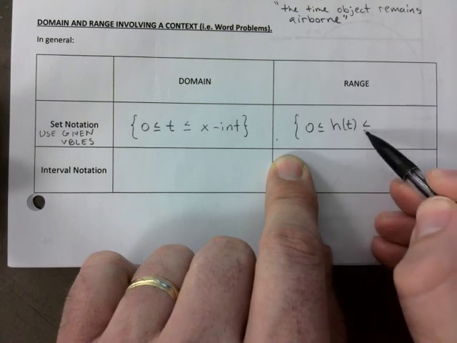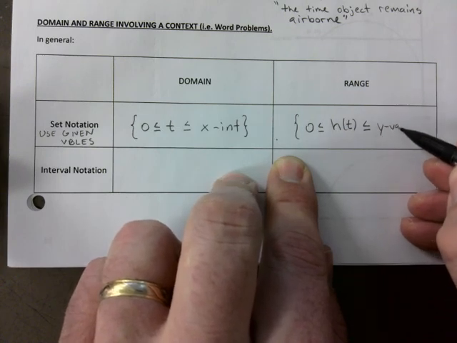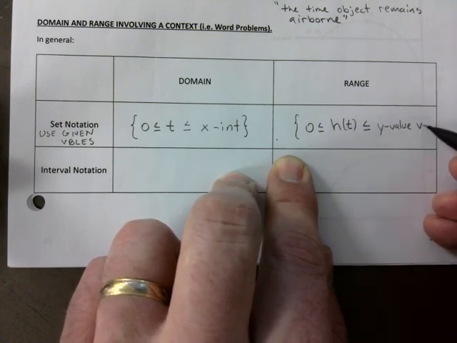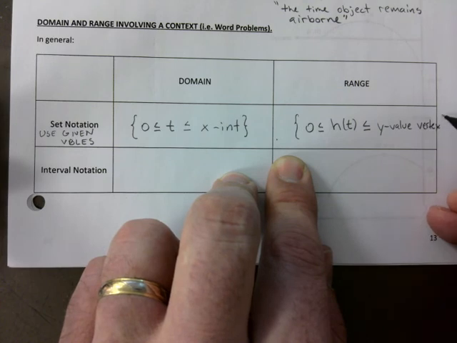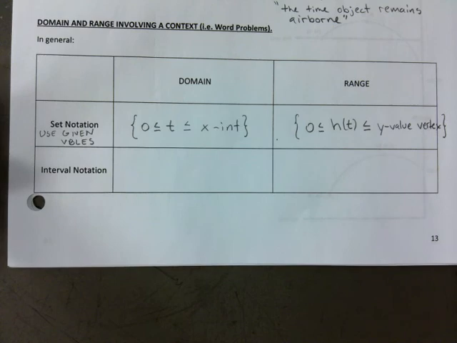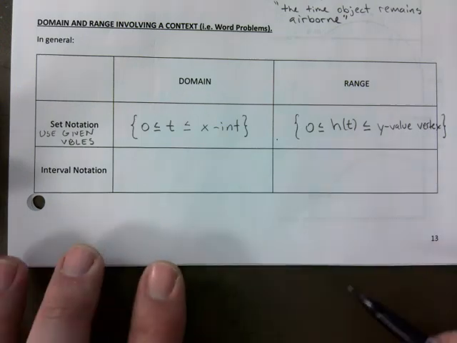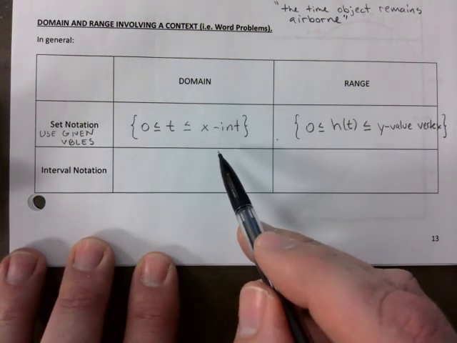Both of them will be okay. And this is the y value of the vertex. So both are going to be limited, right? Your height and your time in this case.